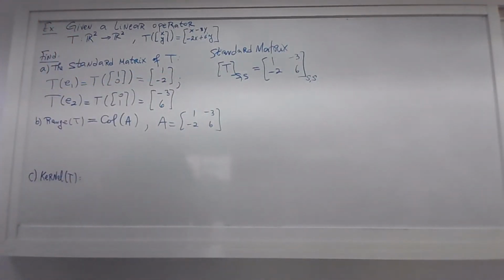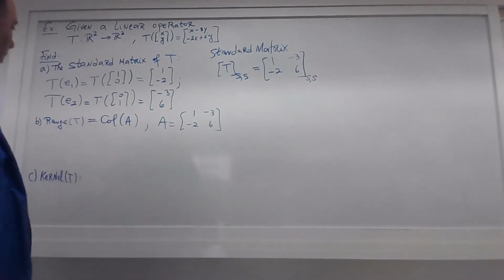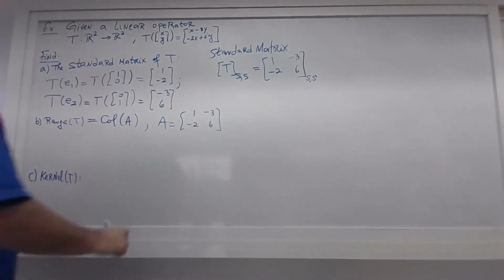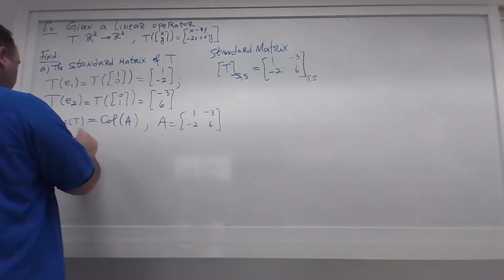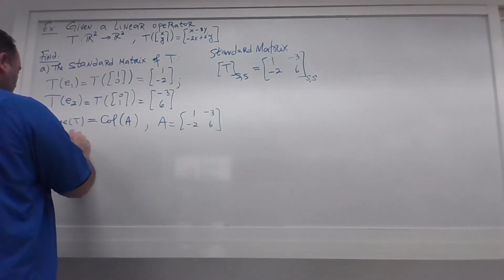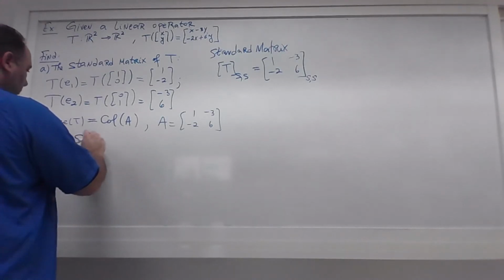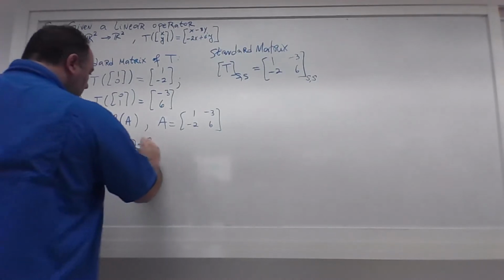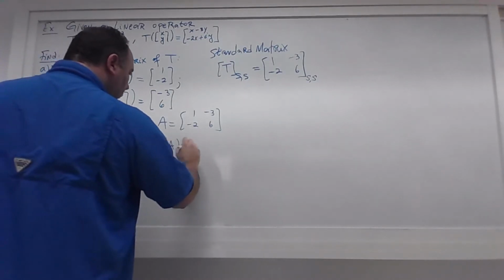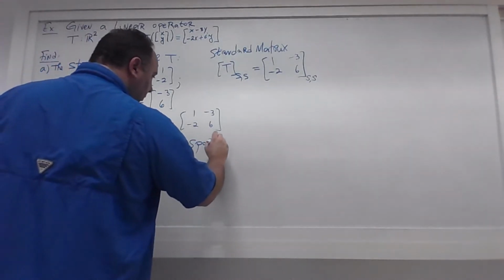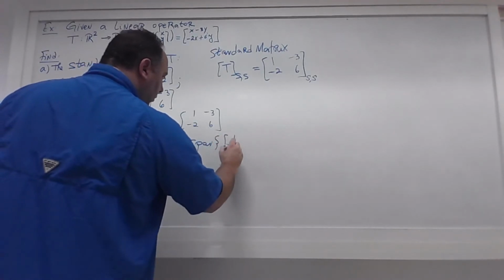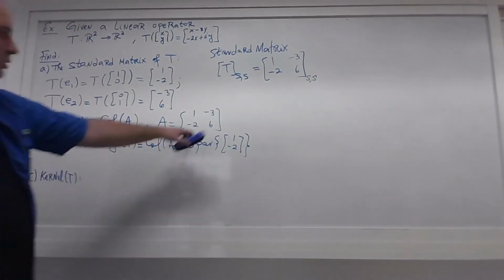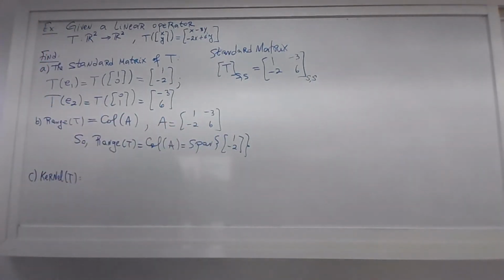Okay, so we know that the column space is generated by, let's say, the first column. Right? Because these two columns are linearly dependent.